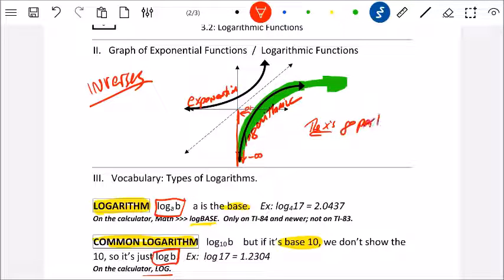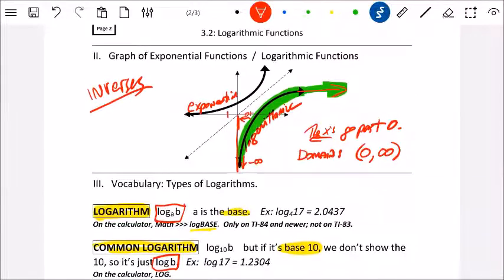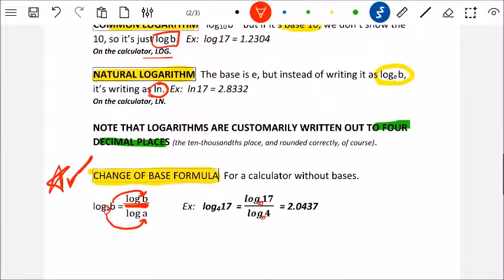Never go past 0. So the domain is starting from 0 and not including it and going to positive infinity, because this is going to go forever that way. But if you were to go towards the left, you get closer and closer to 0 but never touch it. That means that they can't be negatives. All these negative x's are not part of a logarithmic function.